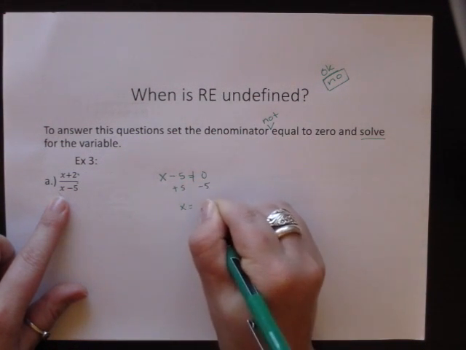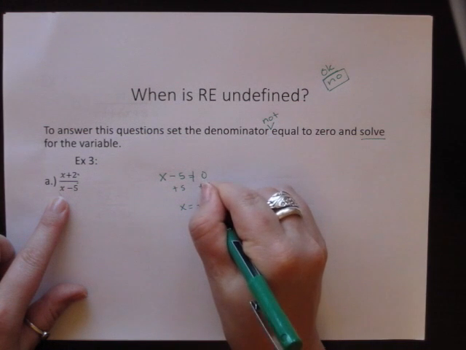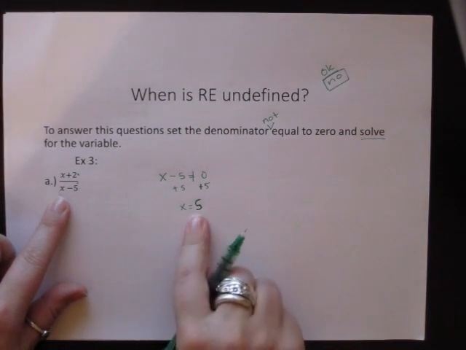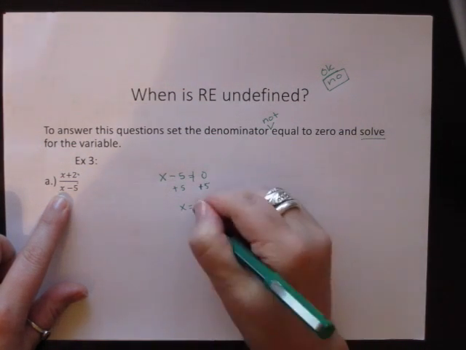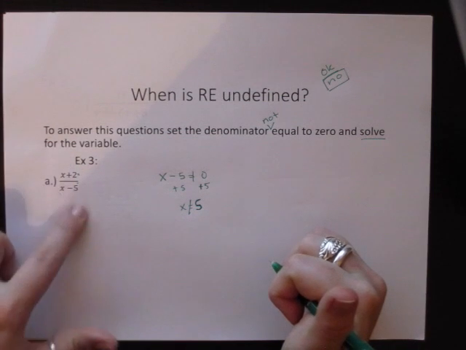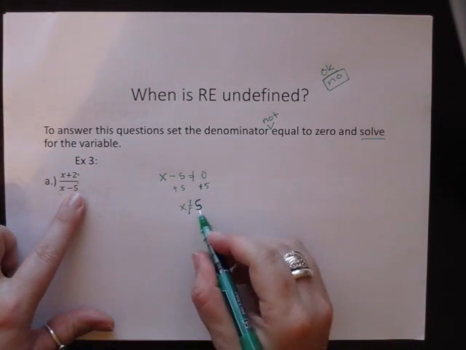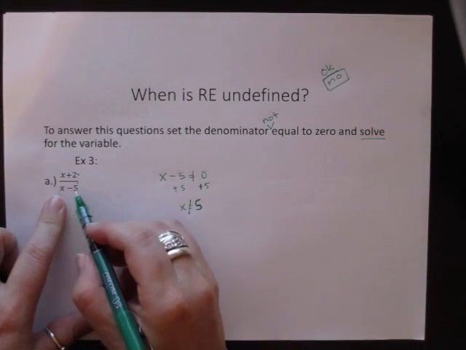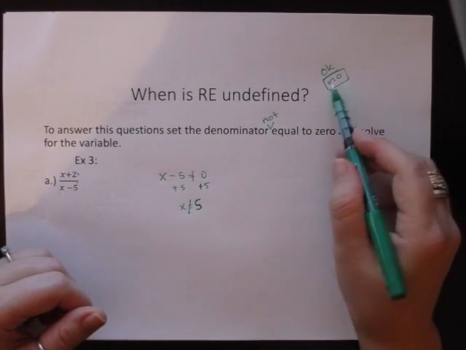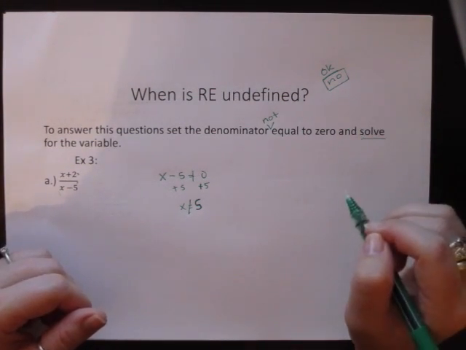So x does not equal positive 5. As long as x does not equal positive 5, I'm going to be good as gold for this equation. Because if x equals positive 5, 5 minus 5 gives me 0, and it's undefined because we cannot have a 0 in the denominator.